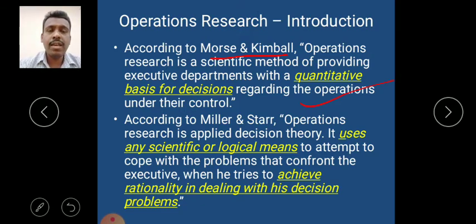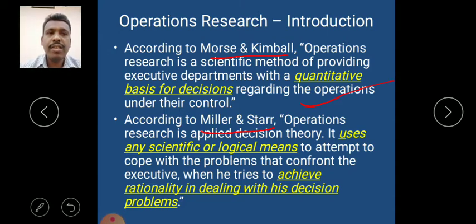So all these answers are given in the form of quantitative decisions, that is you get in the form of numbers, how much you can save, how much you can earn extra profit, how much you can save extra space. So when you get it in numbers, you can compare very easily and thus make an informed decision.